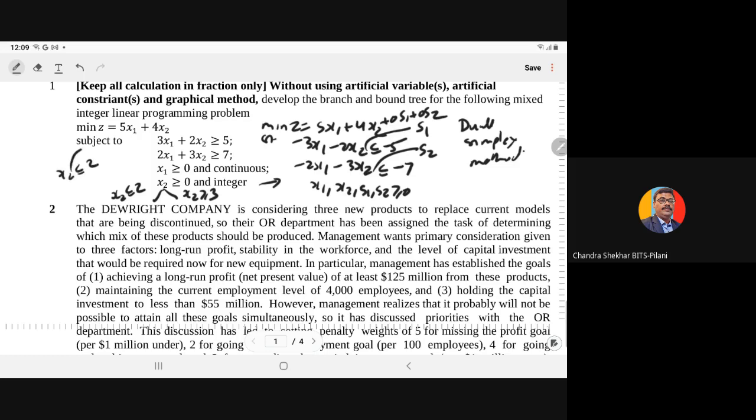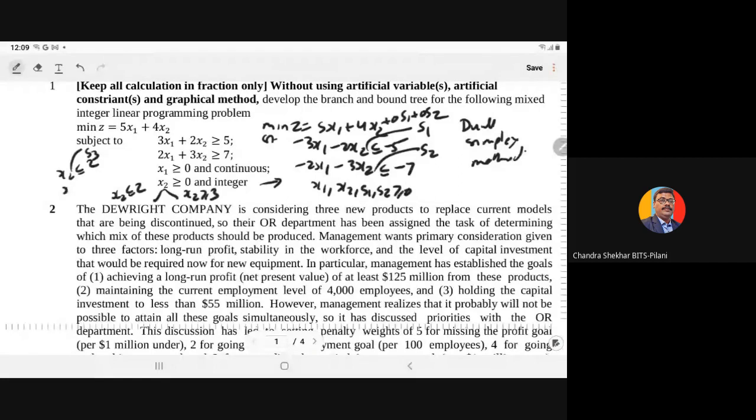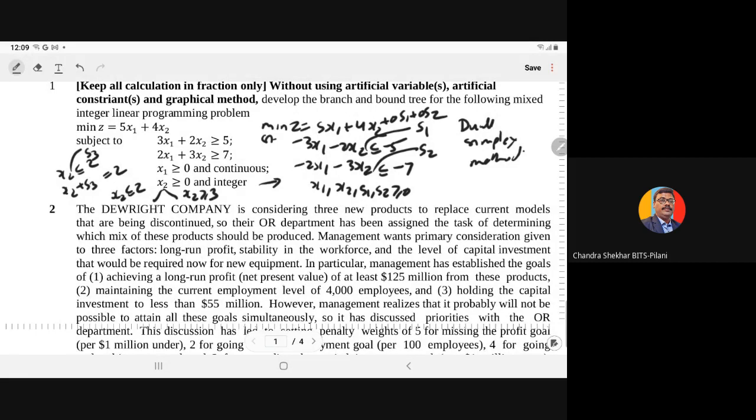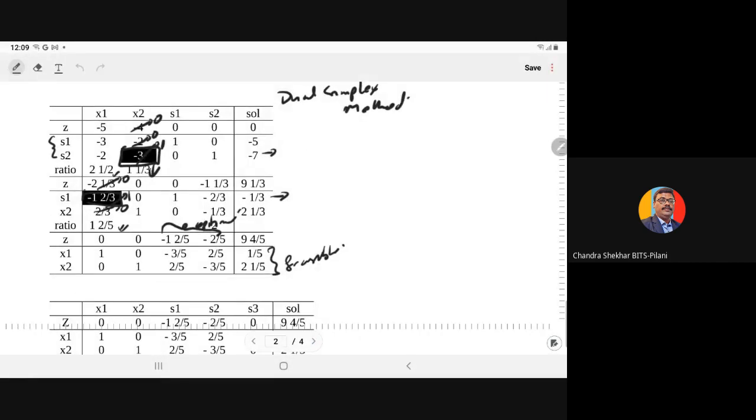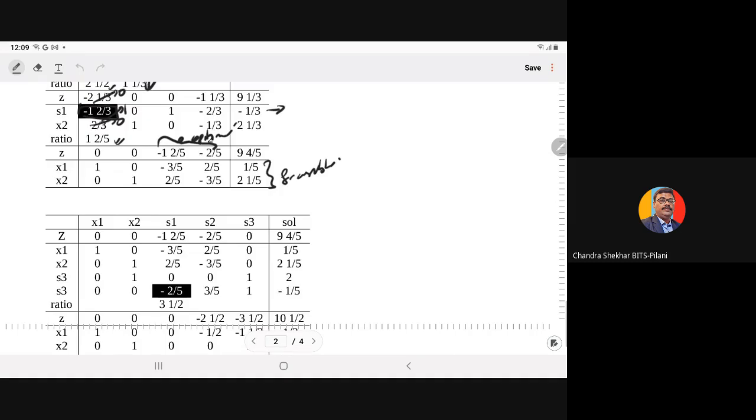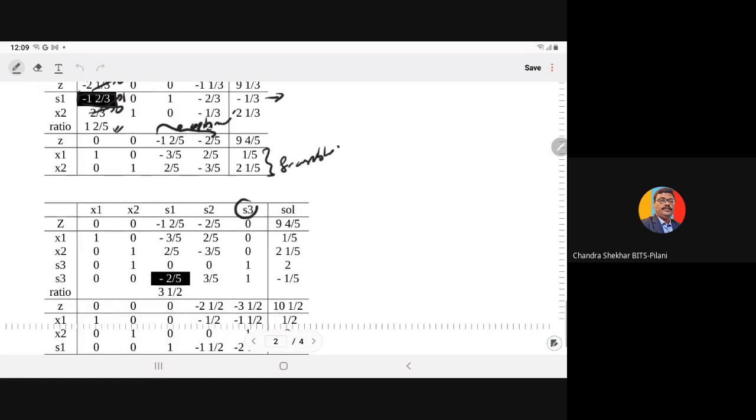Here, when x2 is less than or equal to 2, we add the slack variable, let's say s3. So we have to add x2 + s3 = 2. So from the optimal table, we add s3 and the next constraint, which is 0x1 + x2 + s3 = 2.